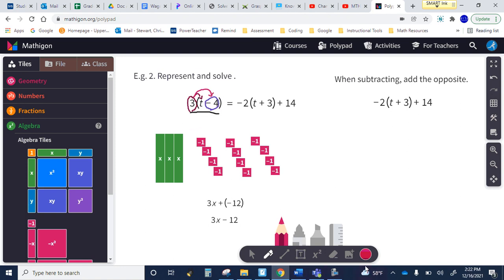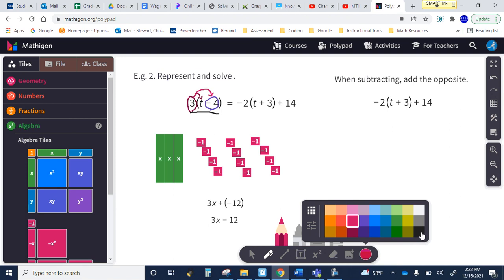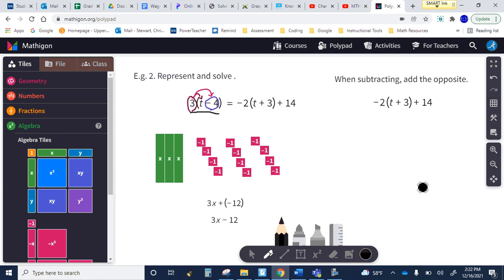All right, now next up we have the right-hand side to work with. So when you look at the right-hand side, we have -2 groups of t plus 3 and then 14 more units. It might be hard to conceptualize what -2 groups looks like, maybe not if we're using different colored tiles.